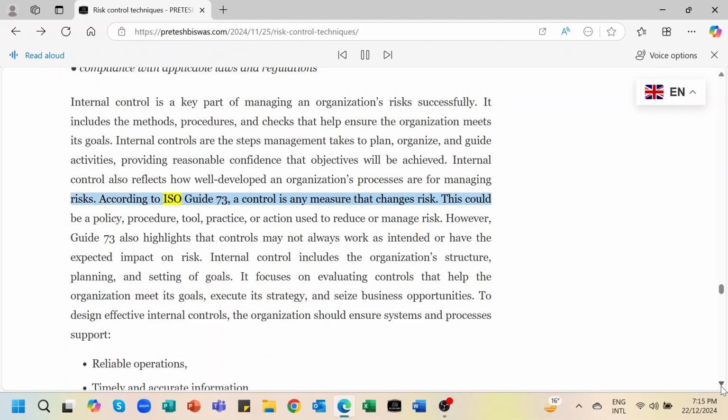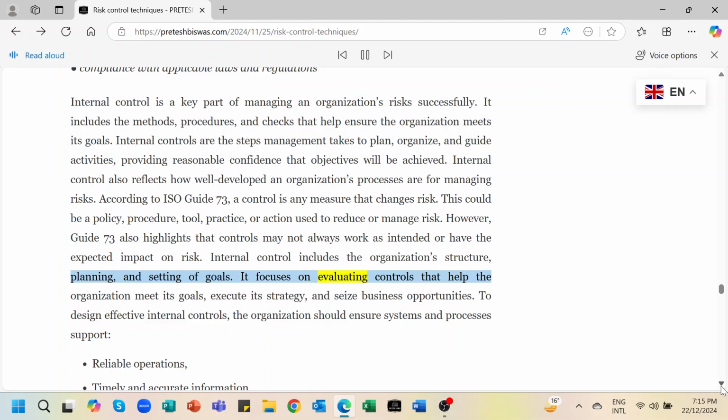According to ISO Guide 73, a control is any measure that changes risk. This could be a policy, procedure, tool, practice, or action used to reduce or manage risk. However, Guide 73 also highlights that controls may not always work as intended or have the expected impact on risk. Internal control includes the organization's structure, planning, and setting of goals.